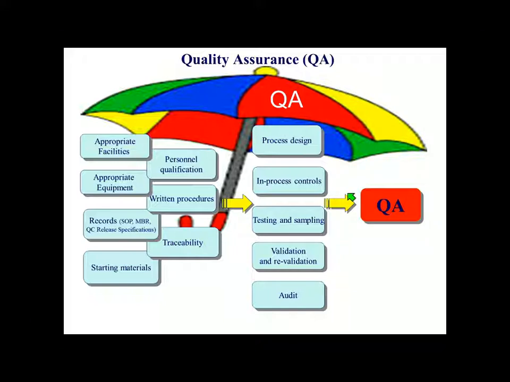We have to establish all of this in writing, and then we have to follow it. So when we're making the drug, we have to follow the procedures and in-process controls that we have said we will follow. We have to do all of the quality control, again, with written procedures. So overall, it's a quality assurance process that is entailed in good manufacturing practice.